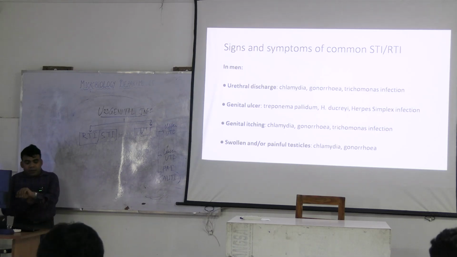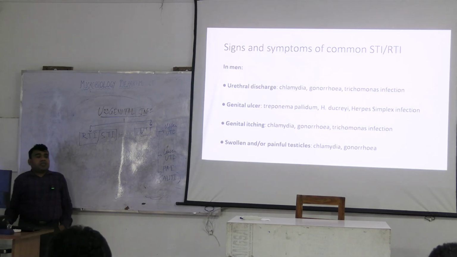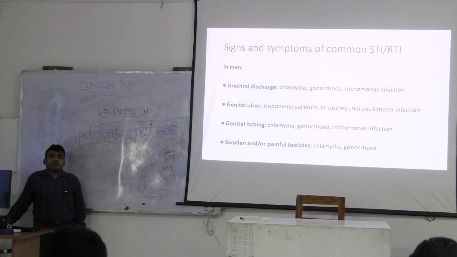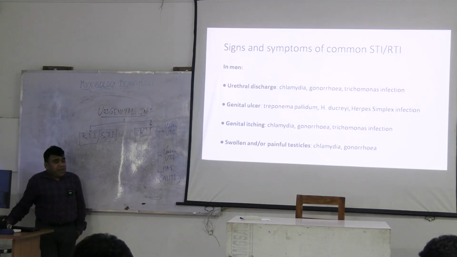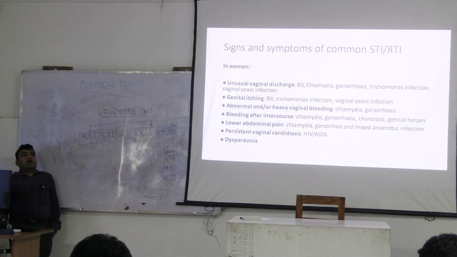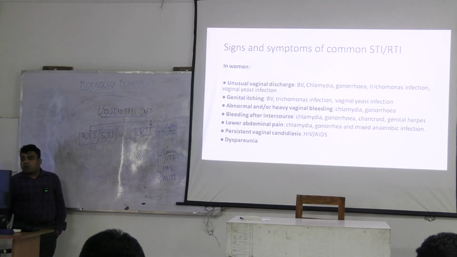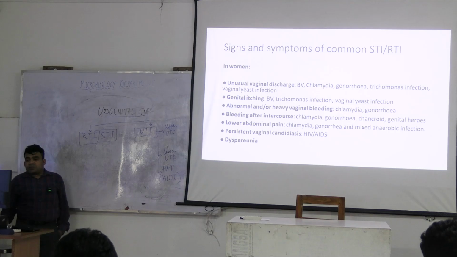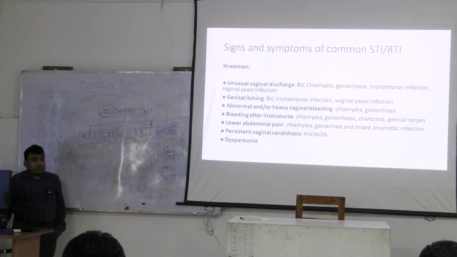So in men, what will be the manifestation? The manifestations would include urethral discharge, that is abnormal discharge per urethra, or a genital ulcer, genital itching, pain or swelling in the testis. In case of females, the most common complaint is an abnormal vaginal discharge, as may be associated with genital itching.